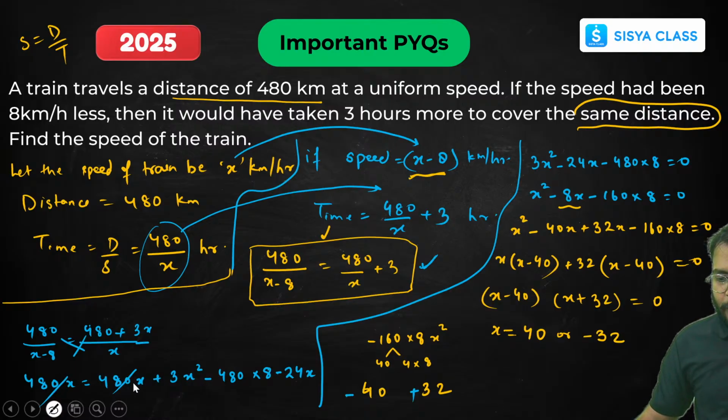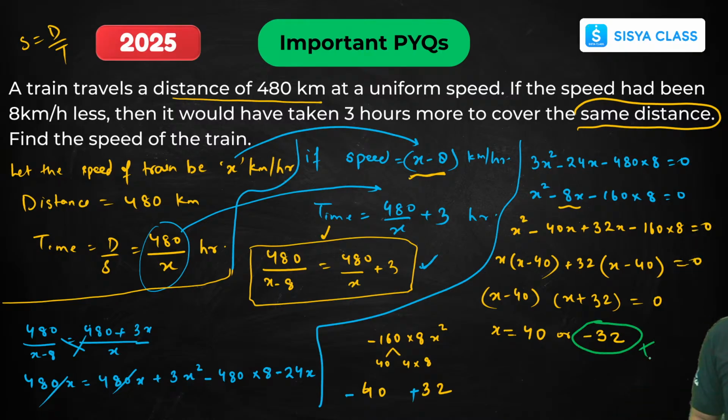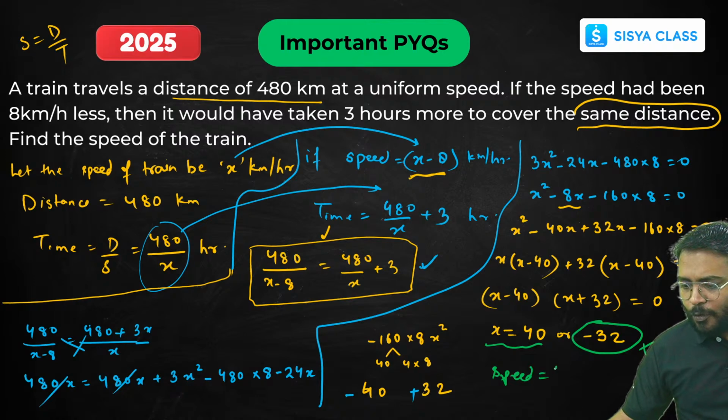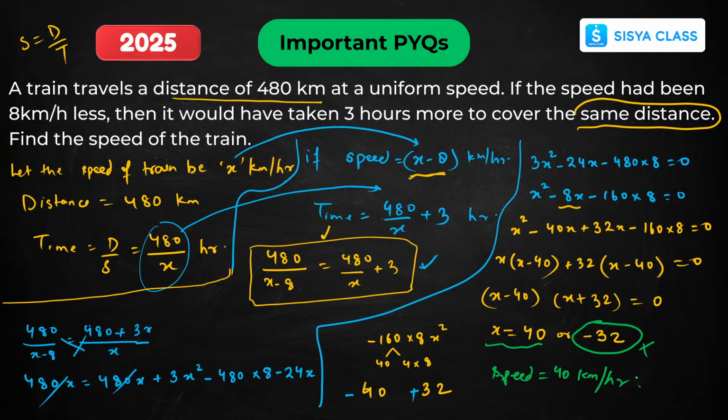Because speed can't be negative, and that's why we have to neglect x is equal to minus 32. Our answer is x is equal to 40. That means our speed is 40 km per hour. Understood my point? Yes.